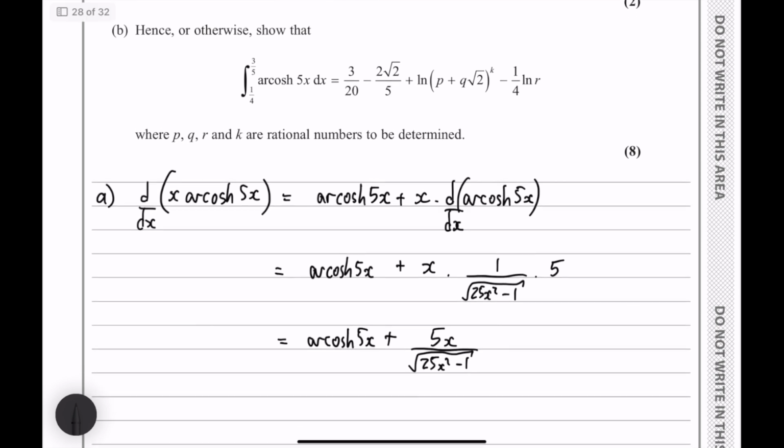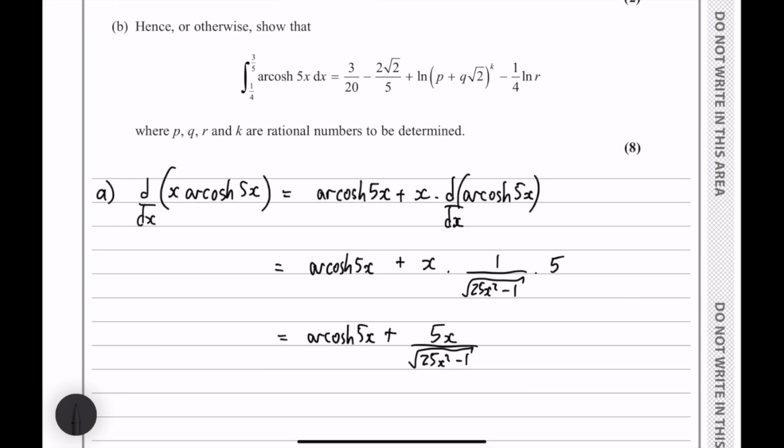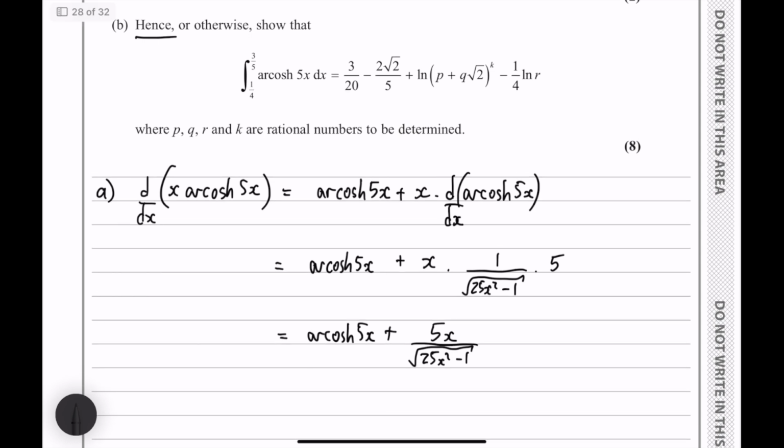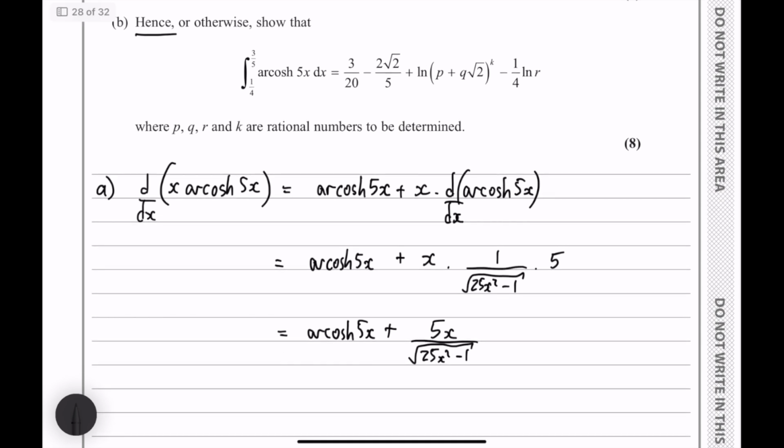Part B, hence or otherwise, hence means use what you've just done, so this is probably going to be useful. Show that the integral of arcosh 5x, that's this term here, and if we integrate the left side, obviously we're just going to get back to what we started with, x arcosh 5x. So what we need to do here really is integrate this other thing, which we can do, that's fine.